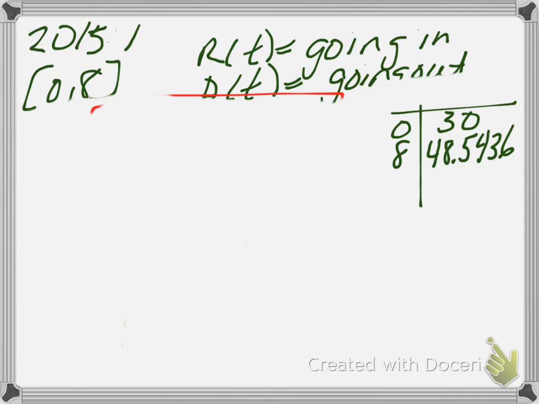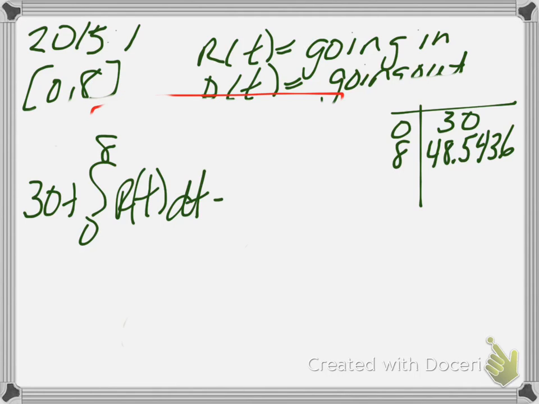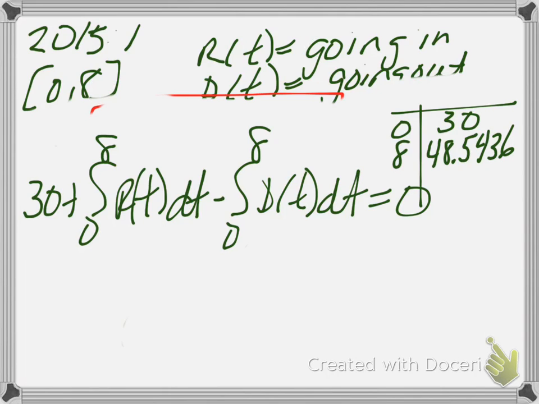How do you get critical points? You take the derivative and you set it equal to 0. But you were already given the derivatives, so we're going to do 30 plus the integral from 0 to 8 of R of T dt minus the integral from 0 to 8 of the water coming out, and set it equal to 0. You're going to solve all that, and when you do, you're going to get that T equals 3.2716.